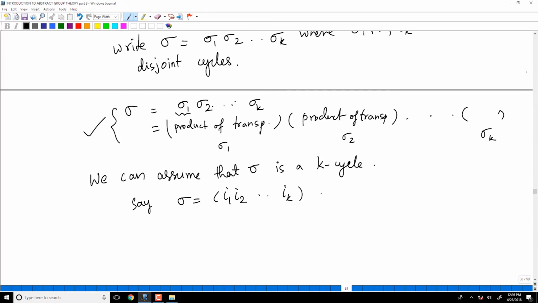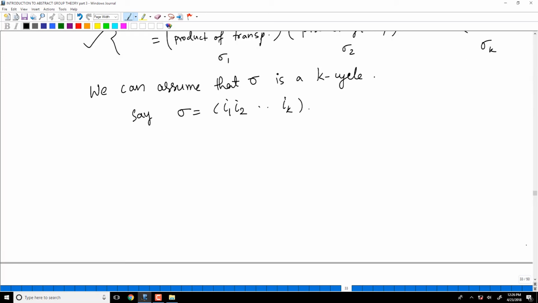Now if you just stare at this for a bit, you can see how to write this as a product of transpositions. So we can write sigma as, so I'm going to write it like this. Keep in mind that what sigma does is it sends i1 to i2. So let me put (i1 i2) here.